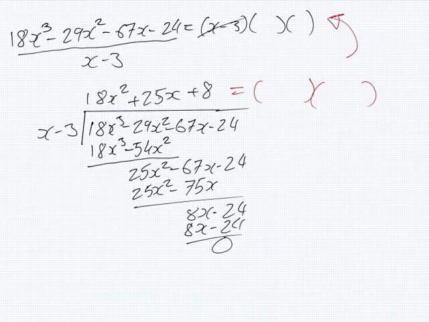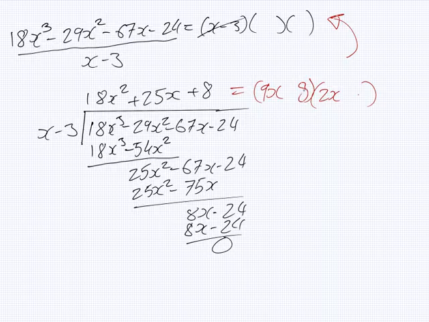Right, so let's see, we want 18, and 25 is pretty big. 6 and 3 first, and then maybe 2 and 4. Or you think it's 9 and 2? 9x, 2x, and then the 8, 4 and 2? 8 and 1?